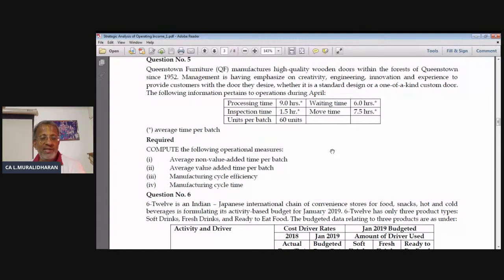So let us understand that the amount of time, whatever they have given in this problem, has got no impact on costing, is what as the impression we would be getting. Please understand that our activities are to be classified into 2 categories: value added activity and non-value added activity.